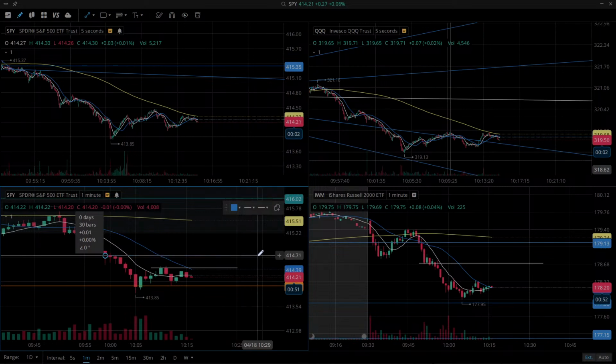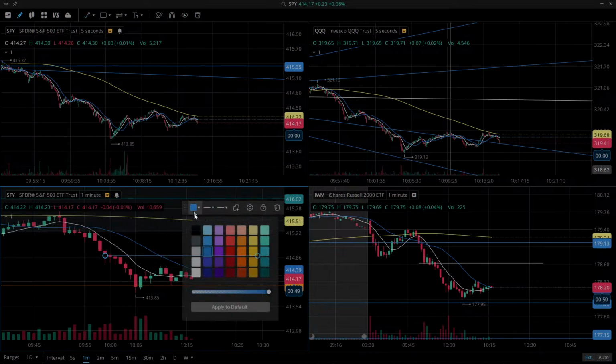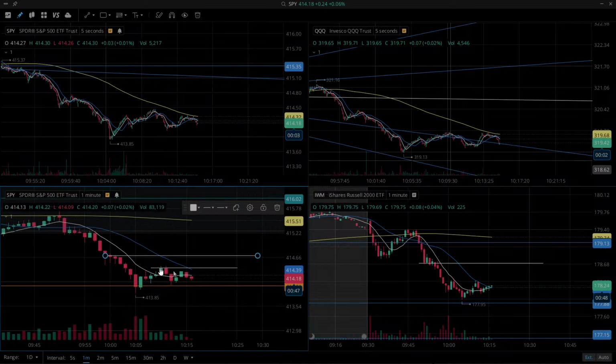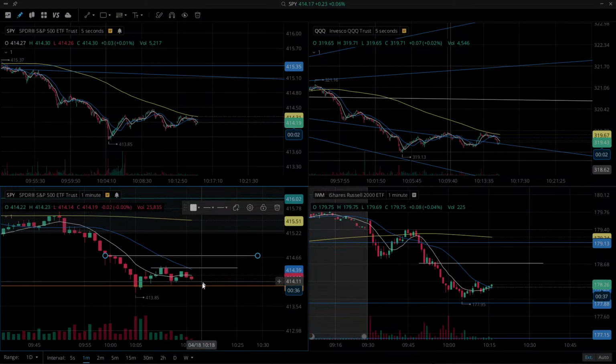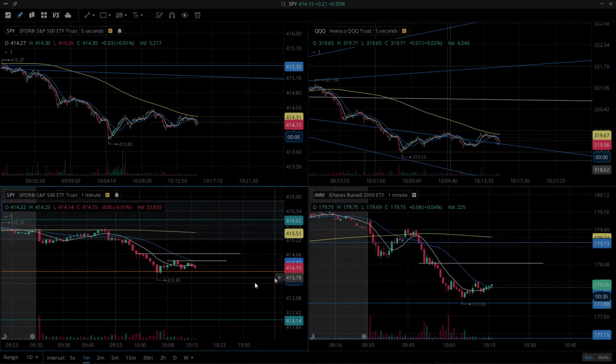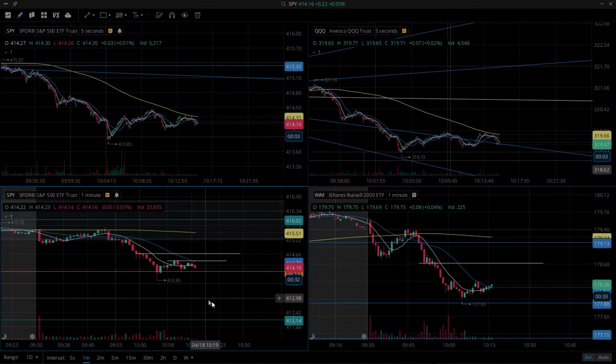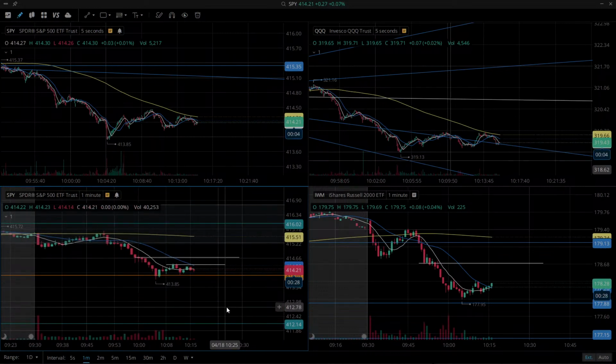Let's see if I can set that up real quick before it prints out. The other scenario, this can be a bear flag if it doesn't hold the support here on R2 or L2. We can fail this, and this can become a bear flag, and that can be a 1-for-1 down to about 412.70, just eyeballing it.